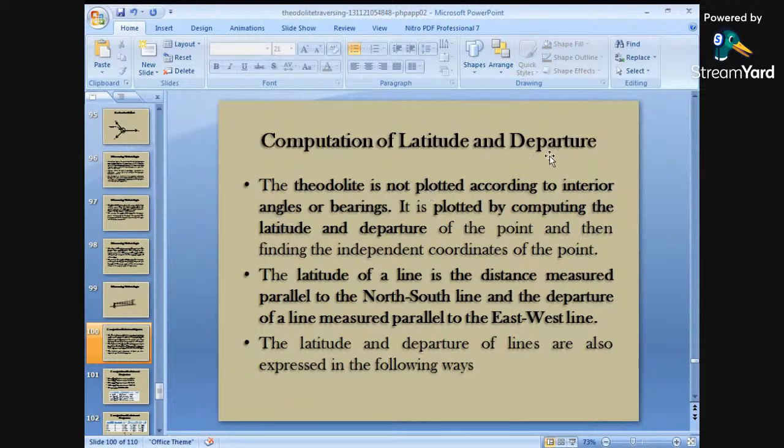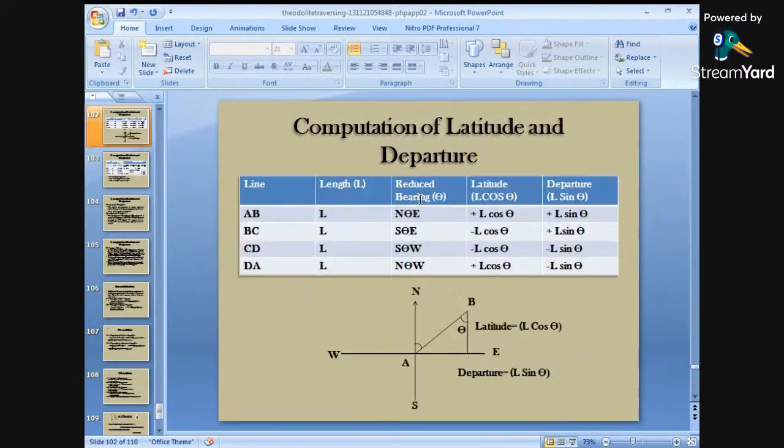Now, the computation of latitude and departure. The theodolite traverse is not plotted according to the interior angle, as I've told you. In this, you can see that there is a line given, AB. This is the north-south line and this is your east-west line.